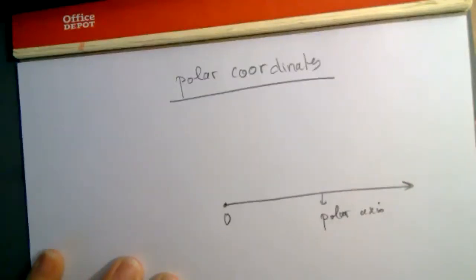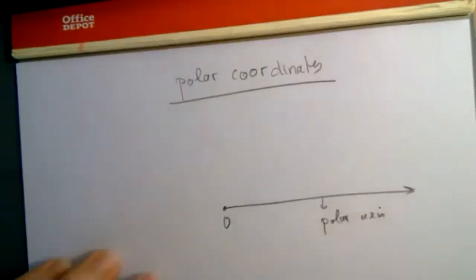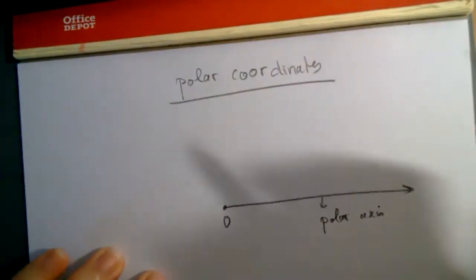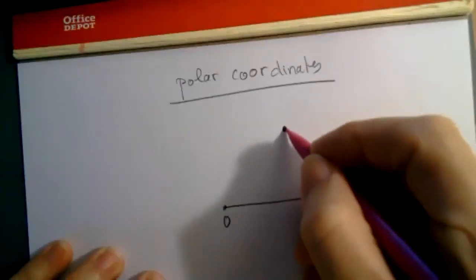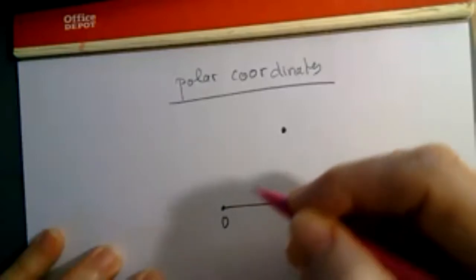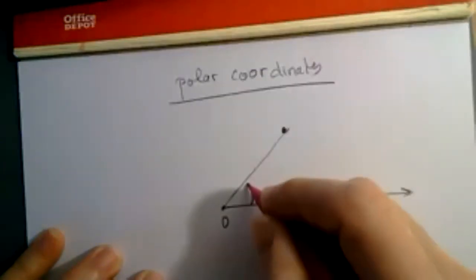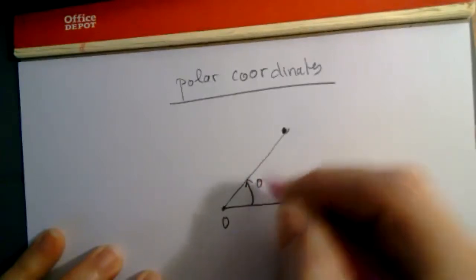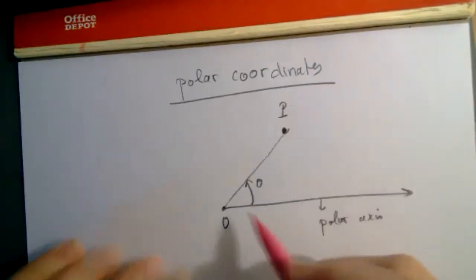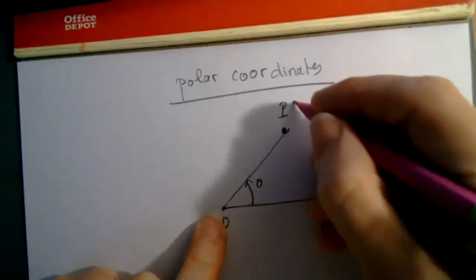And we located a point in the plane as follows. We took any point in the plane, and the way we located it is by giving two pieces of information. The first piece of information is the angle that the point, so this is my point P, formed with the positive x-axis.